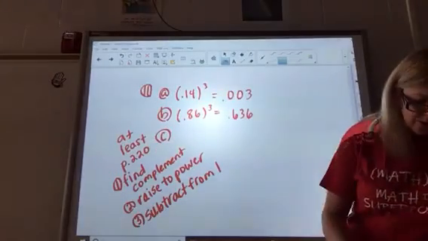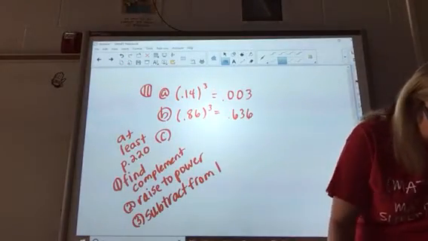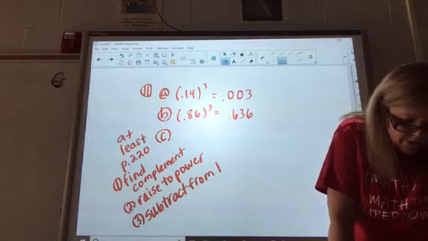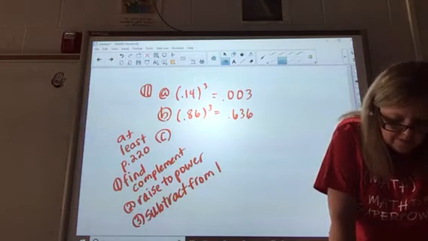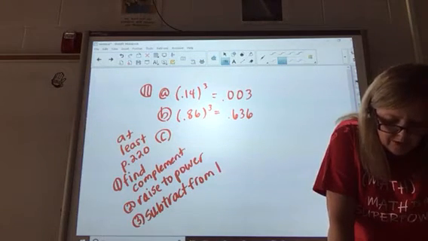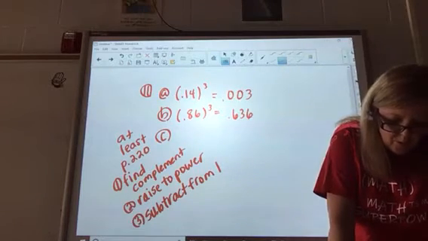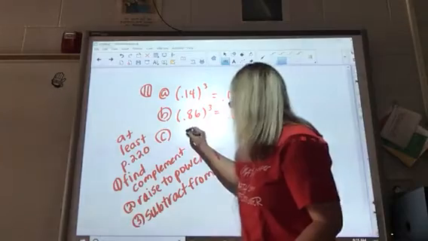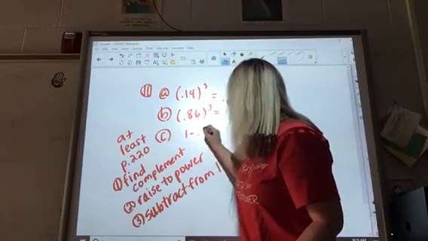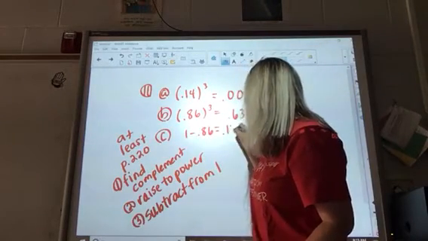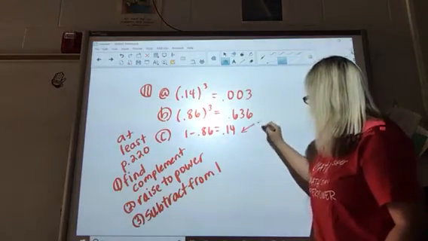Alright, so when I do letter C right here, it says at least one of the 3 had cable TV. So the first thing I'm going to do is find the complement, which was 0.14. And to find the complement, I subtract. Okay, so there's my complement.